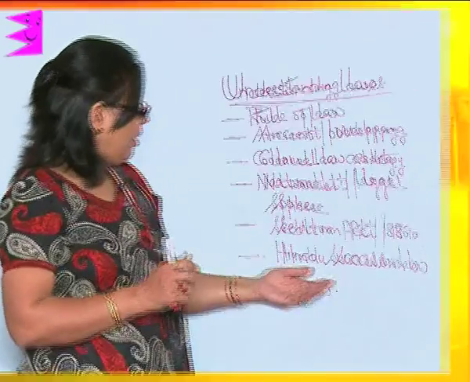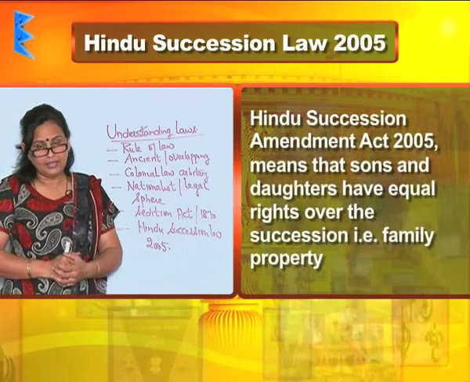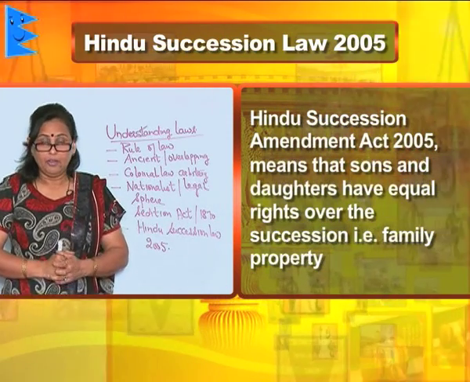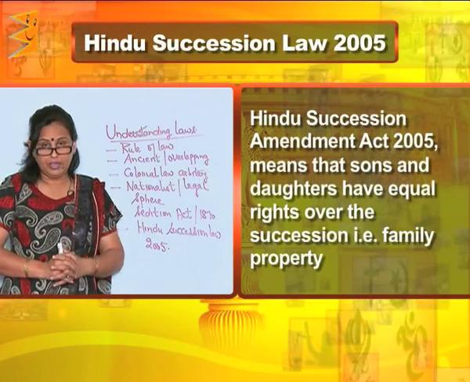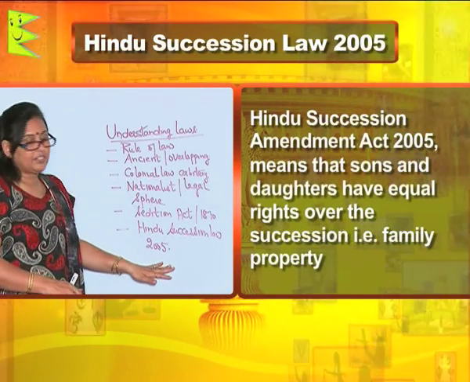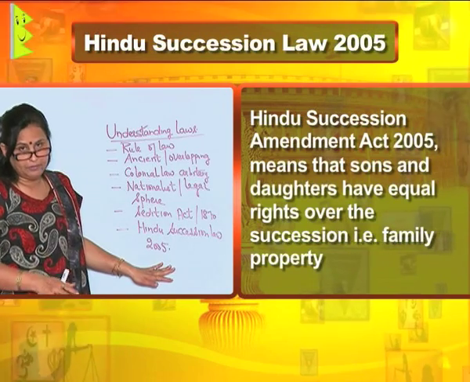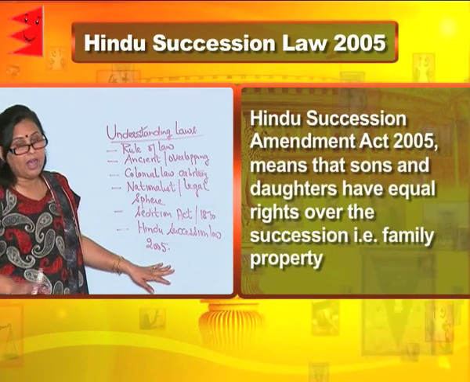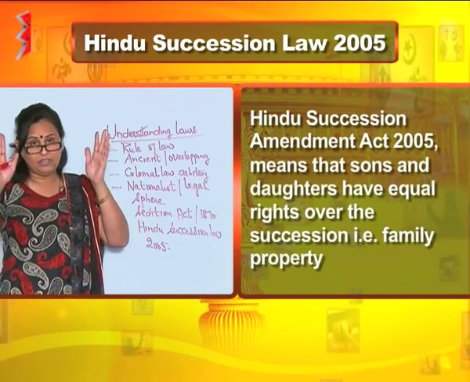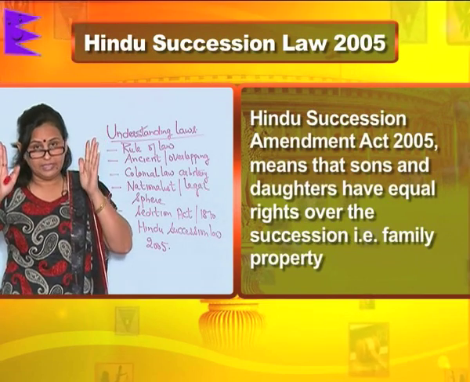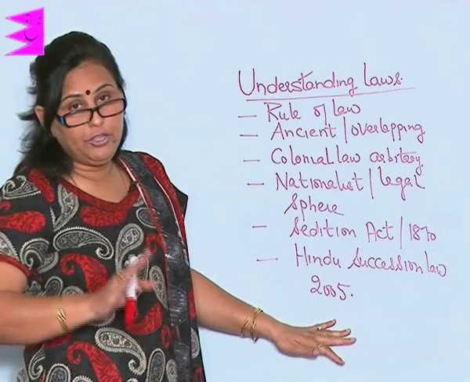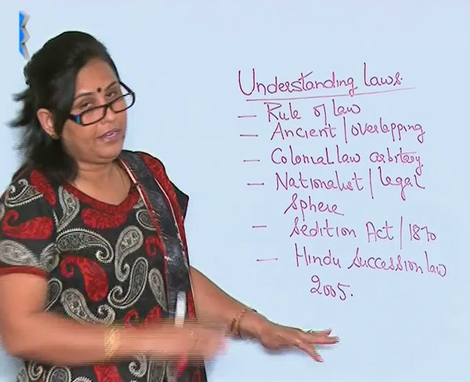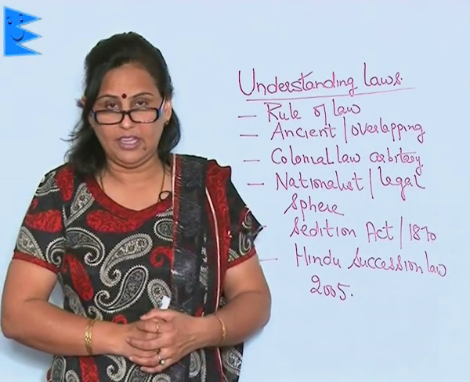And you all know about the Hindu Succession Act 2005, which means that the sons and the daughters have equal rights over the succession. That is, all of them are equal as far as the property succession is concerned, because earlier the daughters were not included in the succession list.